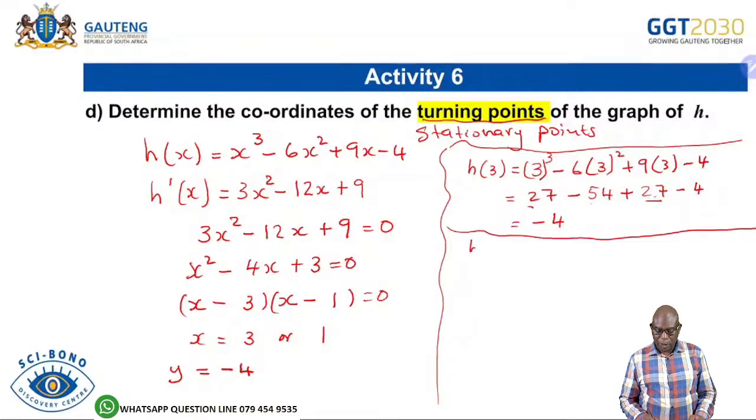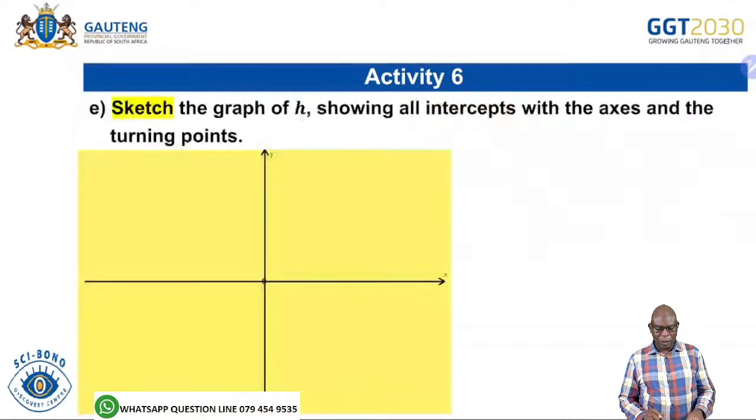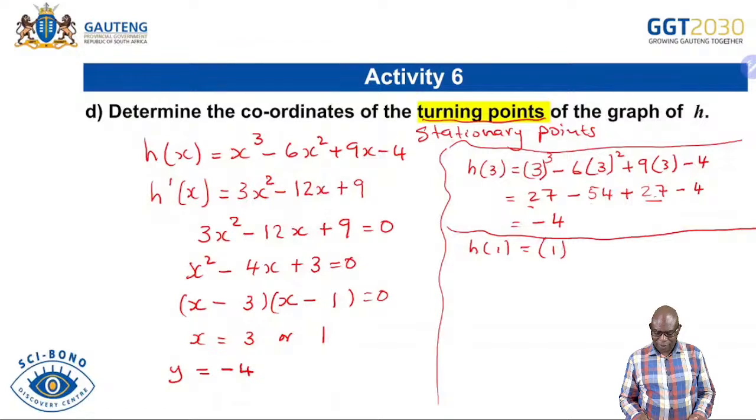Now if I substitute by 1, do I really need to substitute by 1? I already know 1 was the x-intercept, so the y value will be 0. But let's do it. So we'll have 1 minus 6 into 1 squared plus 9 into 1 minus 4.